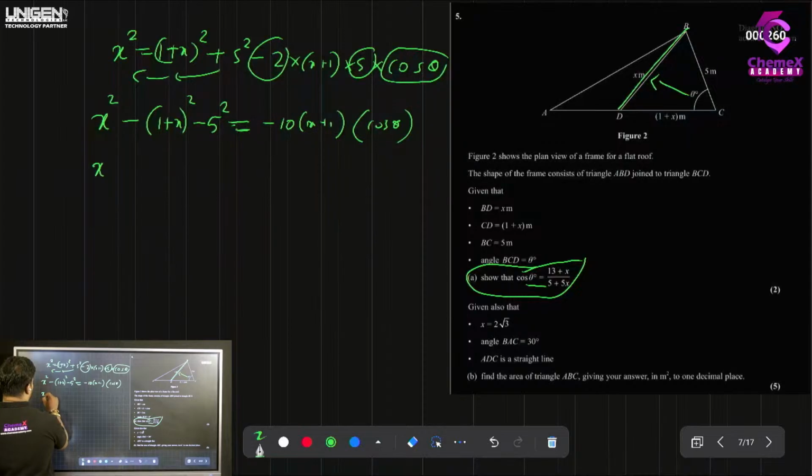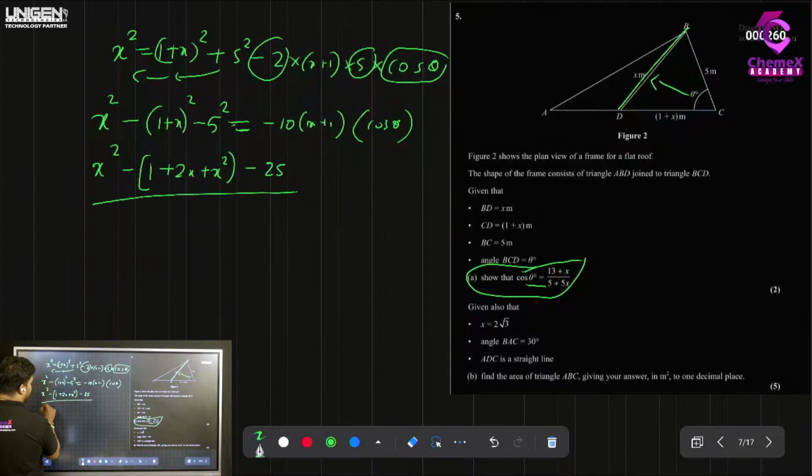Then x squared minus, what do you get? 1 plus 2x plus x squared minus 25 divided by minus 10x minus 10 equals cos theta. Now it's all up to simplification.